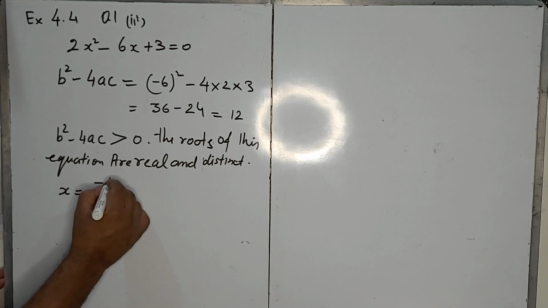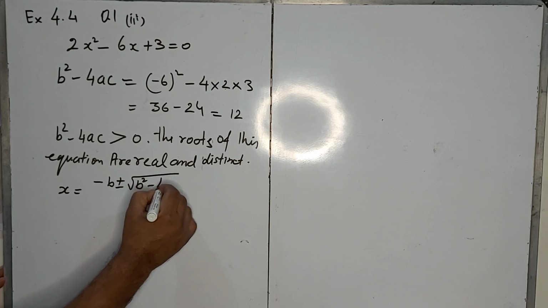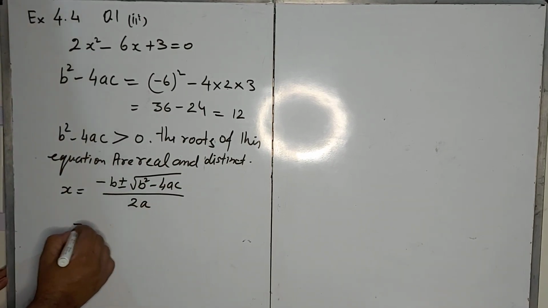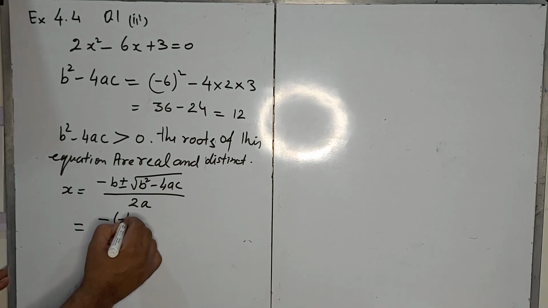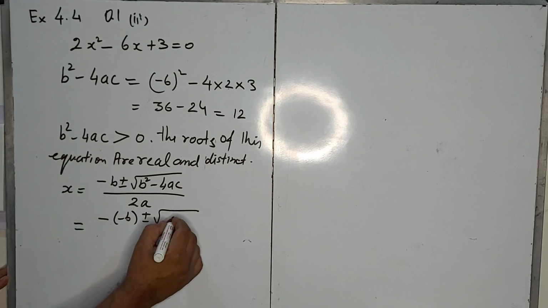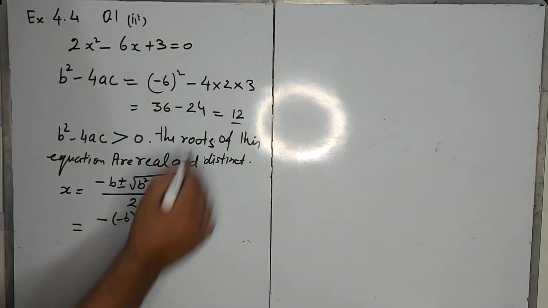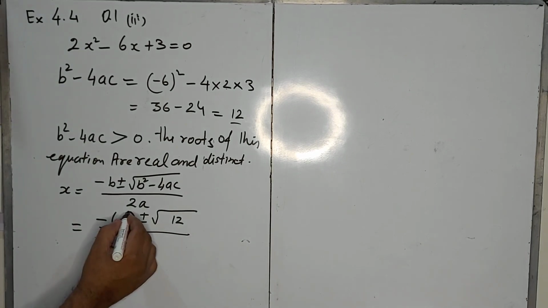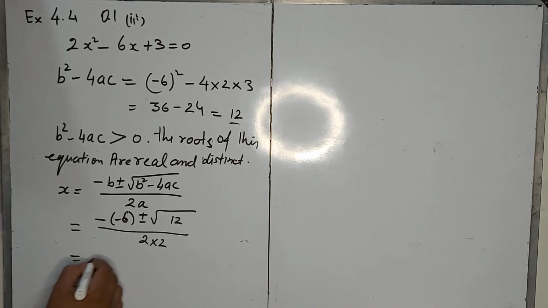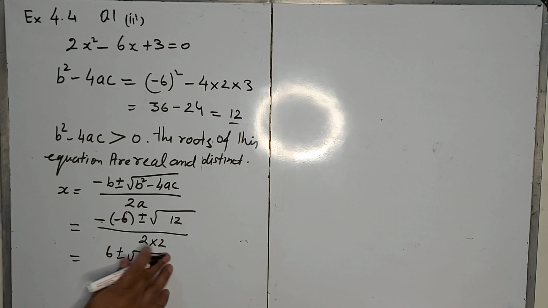x equal to minus b plus minus square root of b square minus 4ac divided by 2a, minus minus 6 plus minus square root 12, because the value of b square minus 4ac is 12, divided by 2 into 2, that is plus 6 plus minus square root 12.